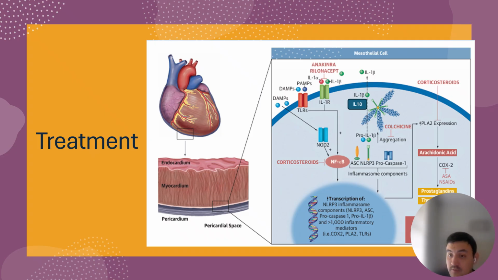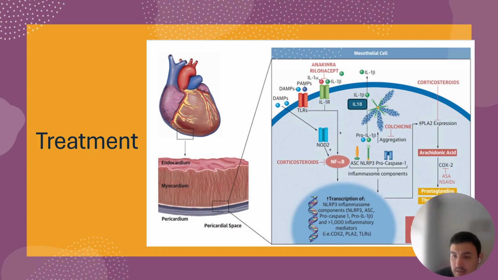Also phospholipase A2. For example, the common ones are aspirin and NSAIDs. Those are going to decrease the production of prostaglandins and thromboxanes. Also colchicine, a well-known medication, is going to decrease the aggregation of neutrophils.